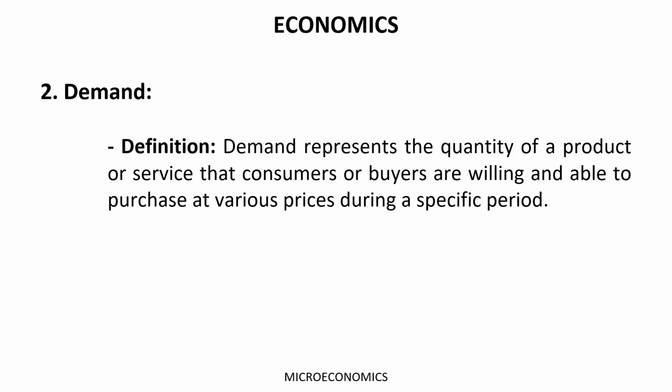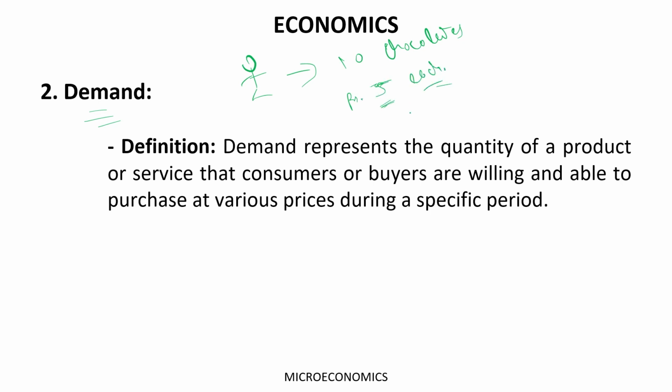Alright. Thereafter, now we have the demand. So basically, demand represents the quantity of a product or service that consumers or buyers are willing and able to purchase at various prices during a specific period of time. Like I have told you, this is a person who wants to get 10 chocolates, rupees 5 each.